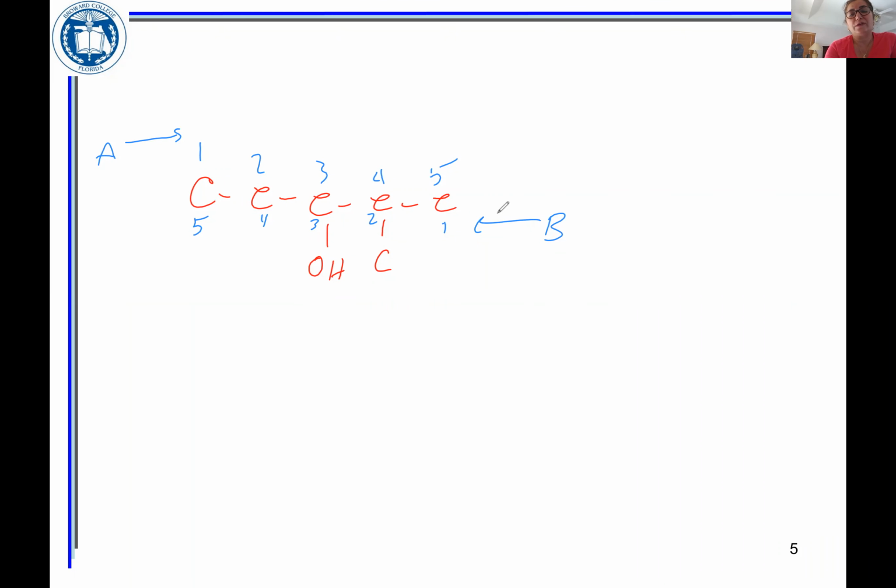If you go from right to left, you would have the methyl group on carbon number 2. But if you go from left to right, the methyl group would be on carbon number 4. So the point of difference is the location of the methyl group. Since going from right to left gives the lower number overall, we have to use the numbering from right to left.